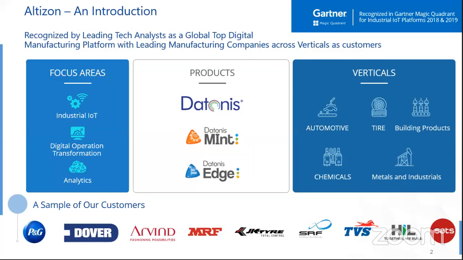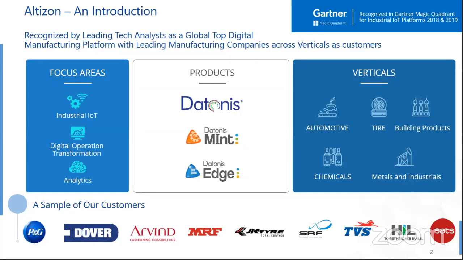The focus areas we work on are industrial IoT, digital operations transformation, a lot of digitization in manufacturing, paperless to digital, and IT-OT integration, which is the backbone of all kinds of improvement projects in the new digital era for manufacturing companies or OEMs which have heavy assets installed in their customers' premises. It includes industrial IoT, capturing of machine data, digitization of paper-based processes, integration of IT-OT, and machine learning analytics.